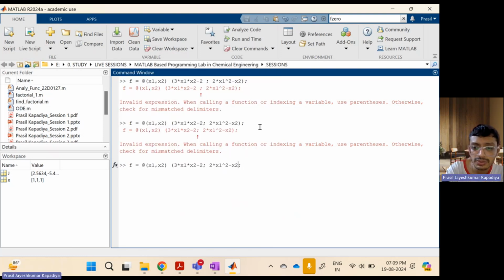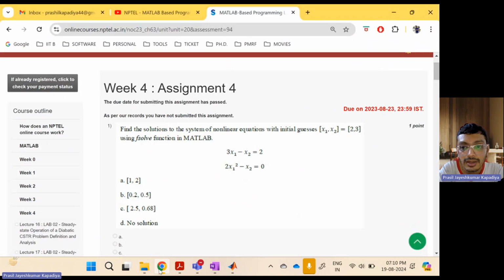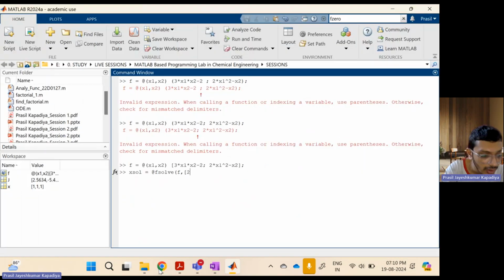I guess I need to use this one. Yeah, it's multiple equations, so I need to use this bracket. So my function is written. Now I will use fsolve. So my xsolve is equal to fsolve, solving f with the initial guess, what is told, are we told an initial guess of 2 and 3, so 2 comma 3.